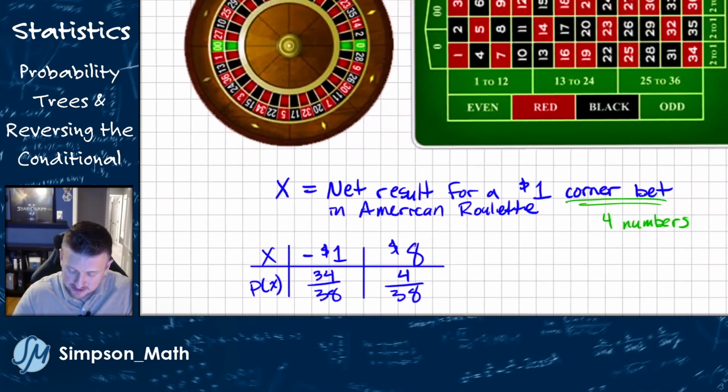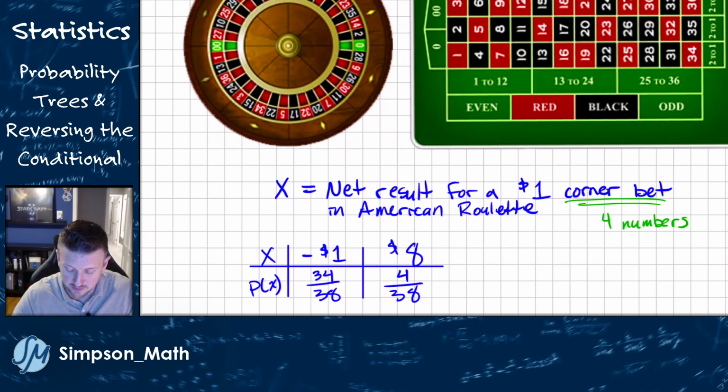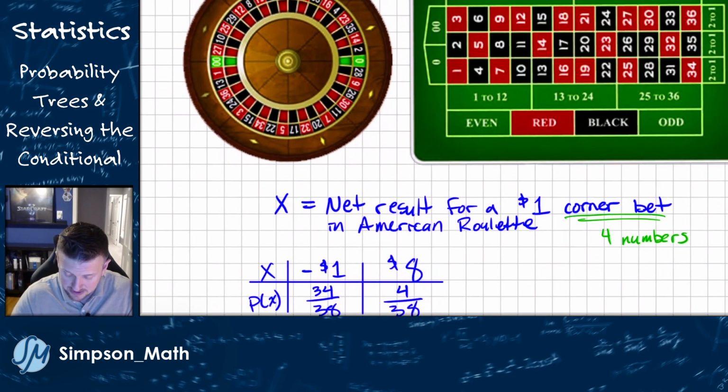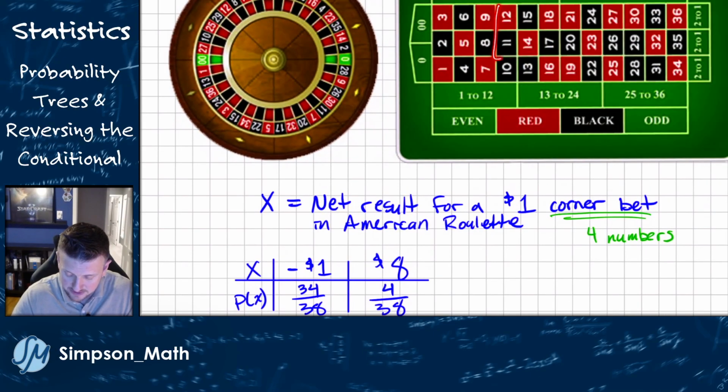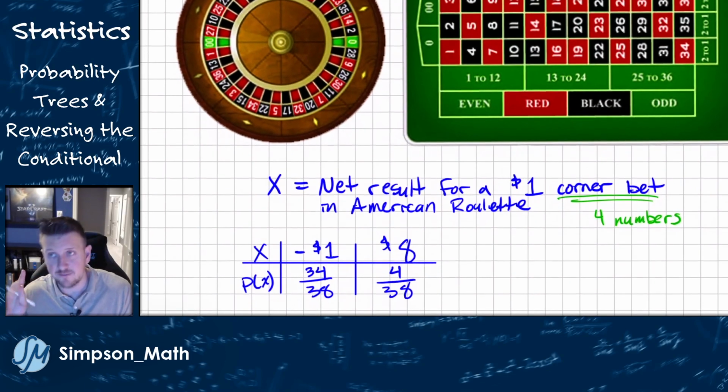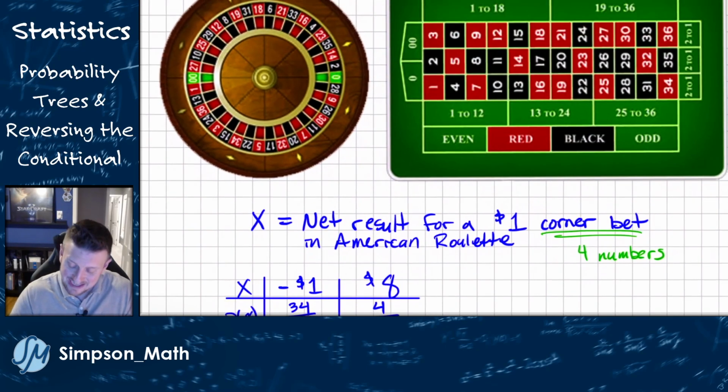There are 4 ways I could win that on these, wherever I did the corner bet. If I did the corner bet right here, then that would still be 4. So whatever 4 I bet on, I have 4 chances to win, and it's not 36, because it's 36, 37, 38.